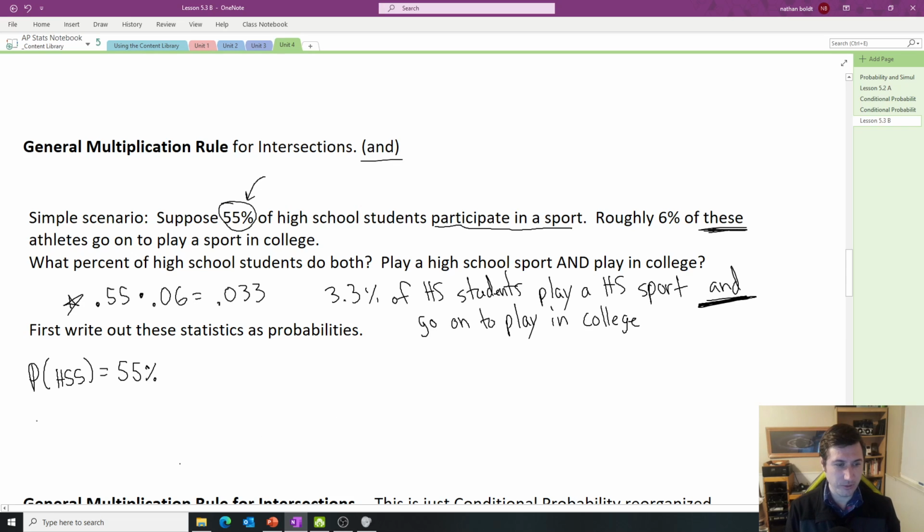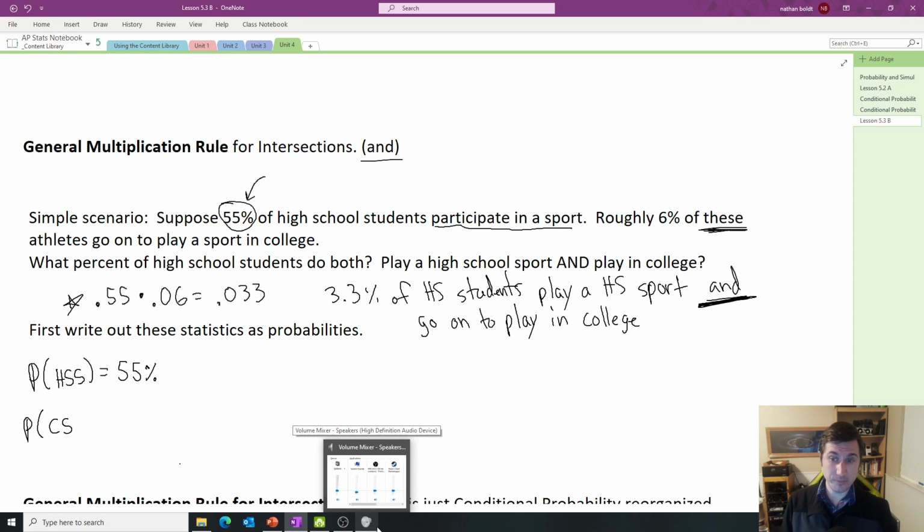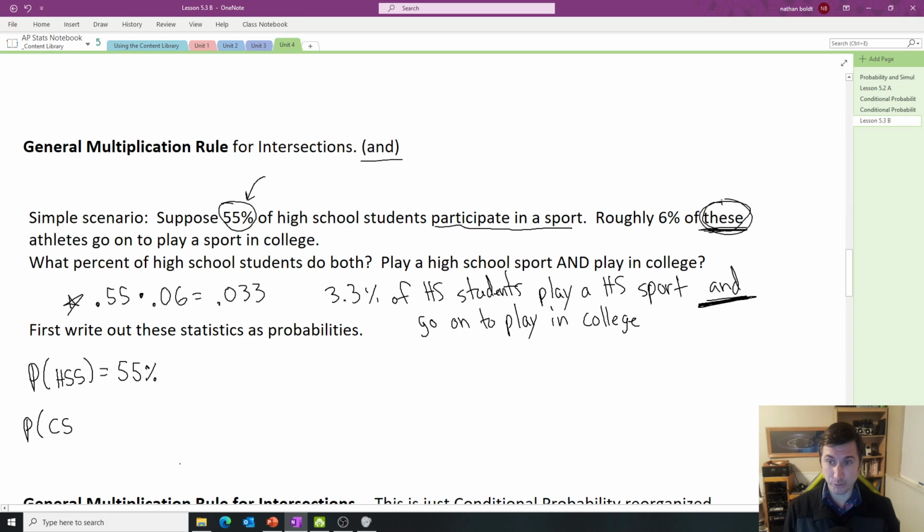Well, that is the probability that somebody plays a college sport. I'll put CS, but we know something about them. I'm only looking at these. I have a condition. What "these" am I looking at? The 55% that played a high school sport. I'm only looking at those high school sport athletes, and so that is my given. That is my condition.